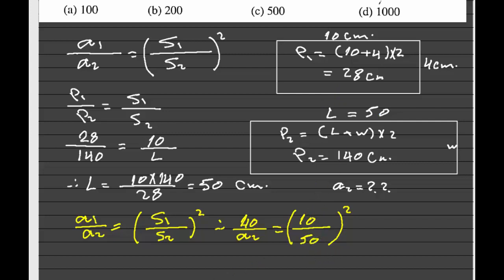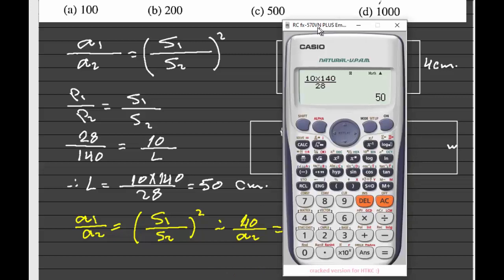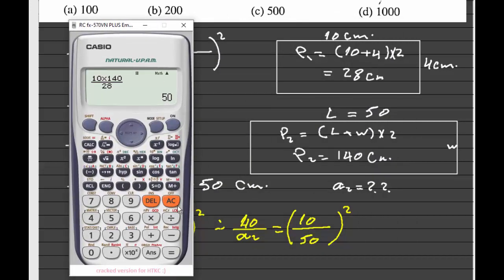And from here we can calculate it using the calculator. 40 over A2, as X, equals, first I'll put the bracket here, 10 over 50.